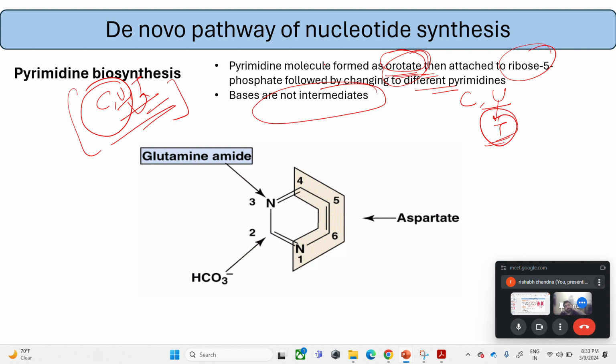Here we can see the aspartate. This is the basic pyrimidine ring that we saw in the last slide. Out of these, positions 1, 4, 5, and 6, this nitrogen and the 4, 5, 6 carbons come from the aspartate molecule. The second carbon and the nitrogen come from carbamoyl phosphate.